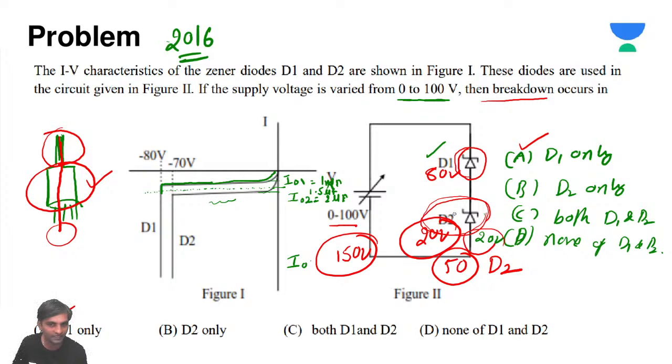But when he's clearly saying there is a reverse saturation current, there is a reverse saturation current. In the ideal case, both of them are open circuited. But if this is breakdown, this current is also flowing. Remember, the same current is flowing through both diode D1 and D2.